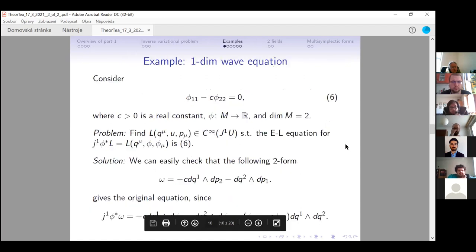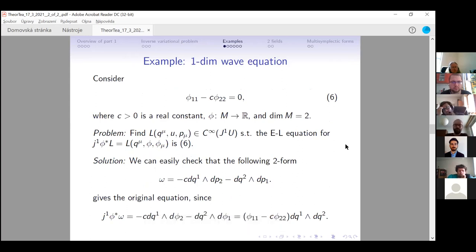So let's see this example: phi 11 minus C phi 22. In this setup, we consider two base coordinates, but one of them we consider as time. And I have this equation 6.